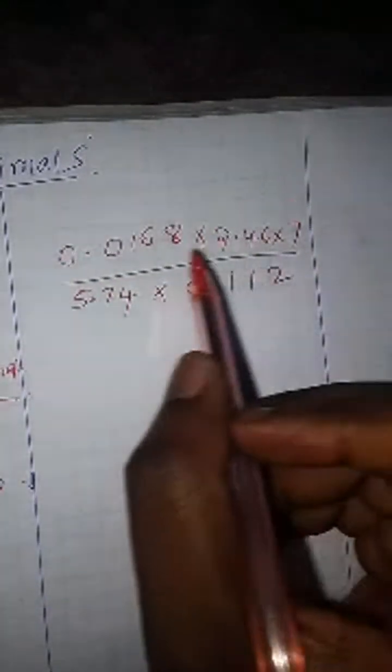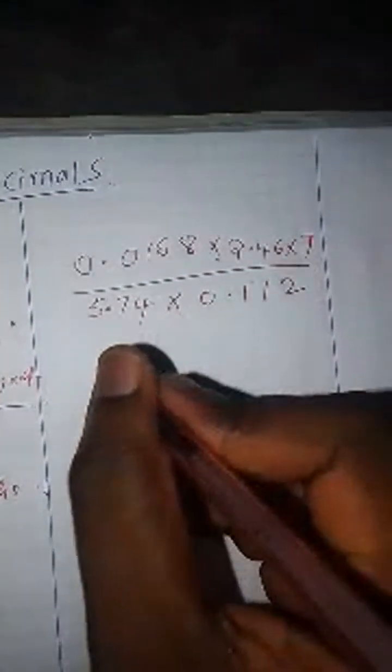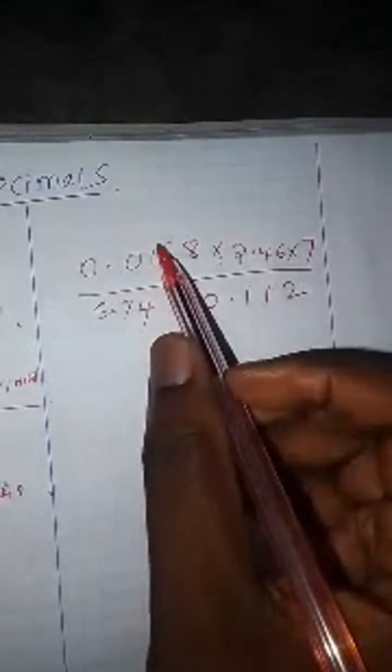So in this case, what are we going to do here? We have 0.0168 multiplied by 2.46 multiplied by 7. So we are just going to work it out directly the way it is. So now let's change this one into a fraction.